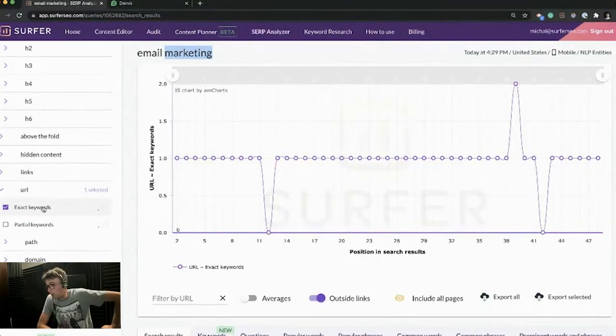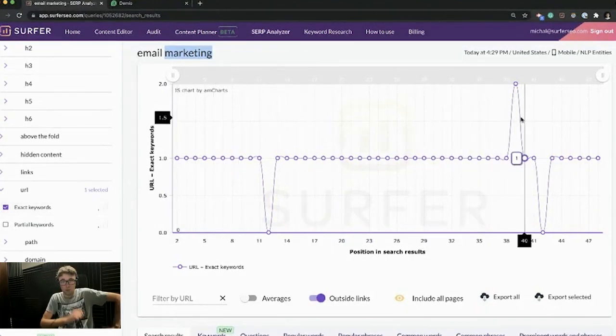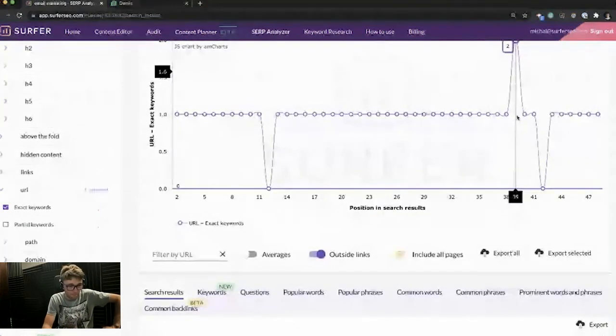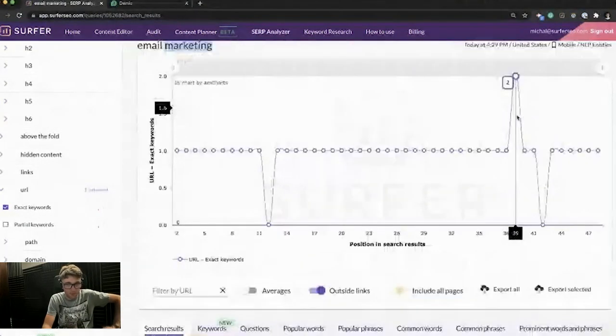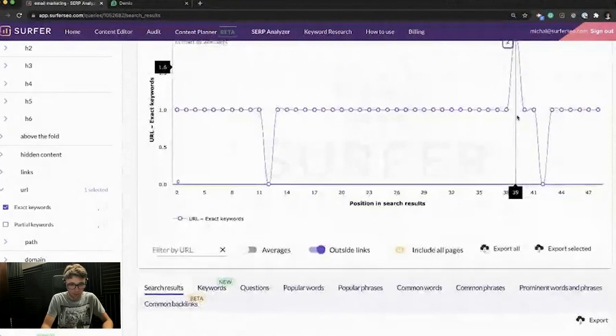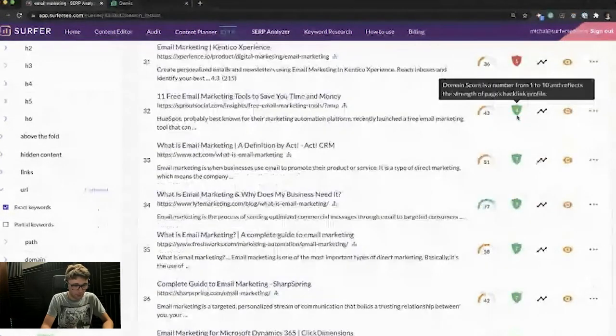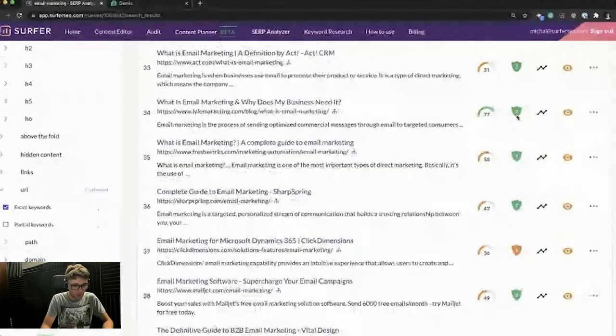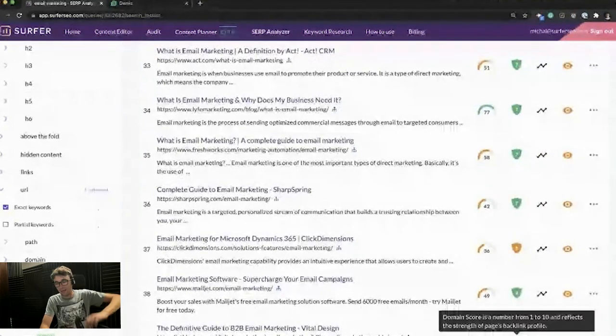What about having the keyword 2 times? You see, again, the same situation. Who do we have here? We have a page, vtldesign.com, and they have it twice, and they rank position 39. Let's take a look at their scores. Domain 6, relatively okay.